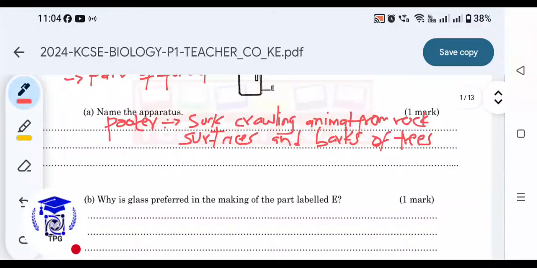Question 2B: Why is glass preferred in making of the part labeled E?